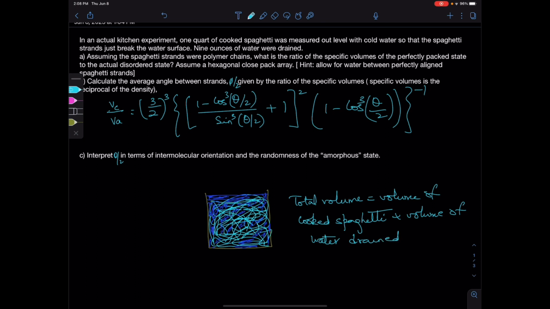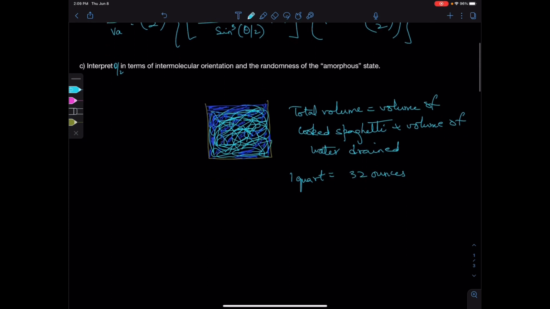So the total volume is 1 quart, and 1 quart is 32 ounces. So the total volume 32 equals volume of the cooked spaghetti plus the water drained, which is 9 ounces.